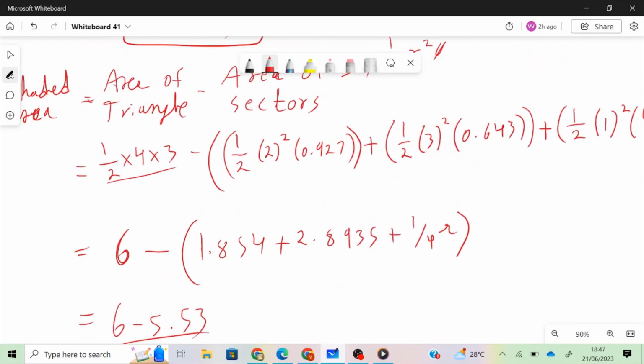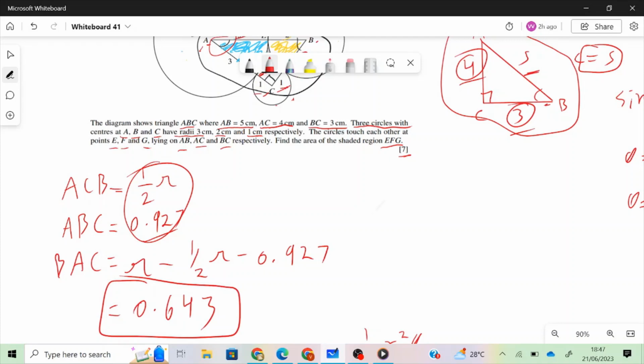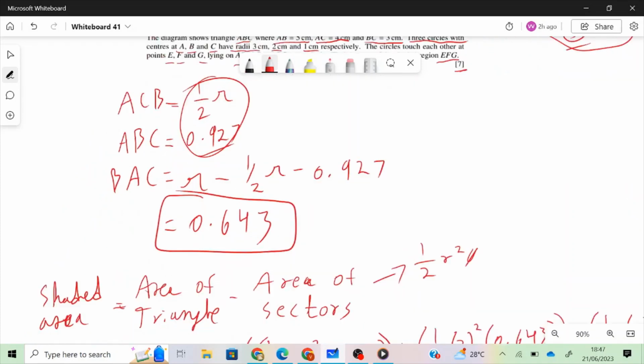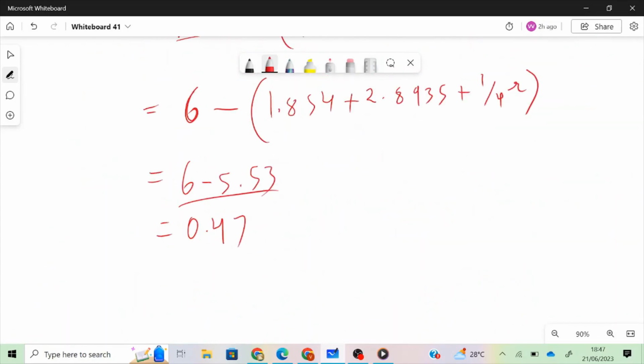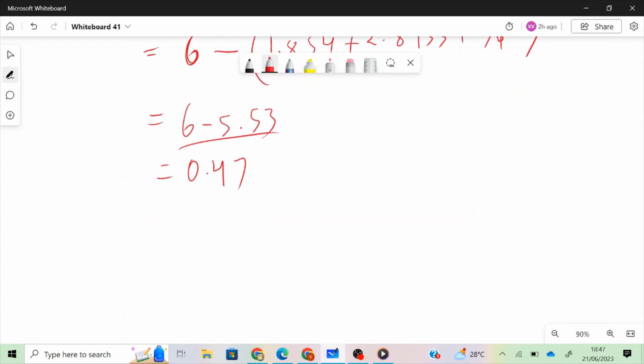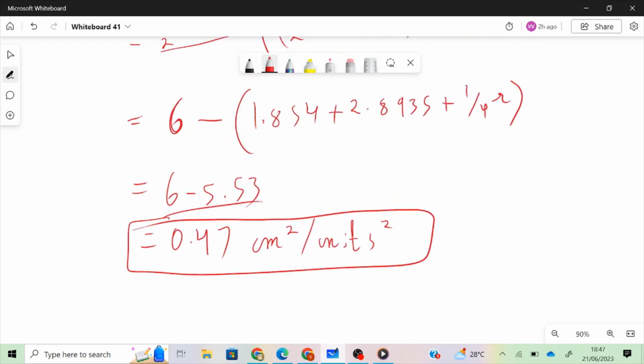Whenever you're working with it, look at your question, and if they specify to what approximation you want, in this case it wasn't really specified, so I just went with 2 SF as my final answer. Yep, final answer is 0.47 cm squared, or you can use units squared since it is asking for the area of the shaded region. And that is the answer to that question.